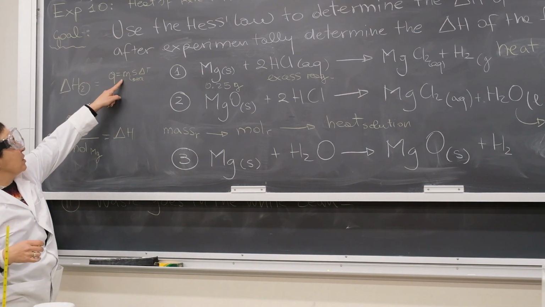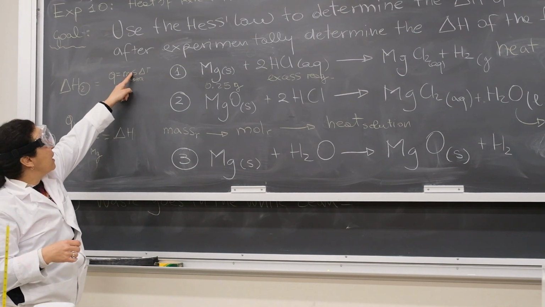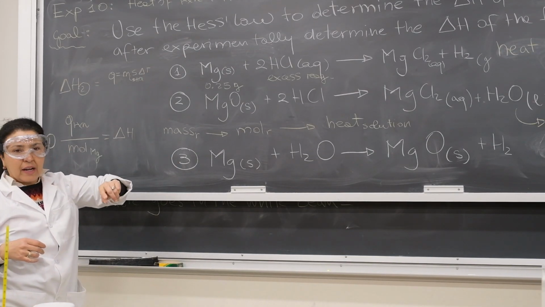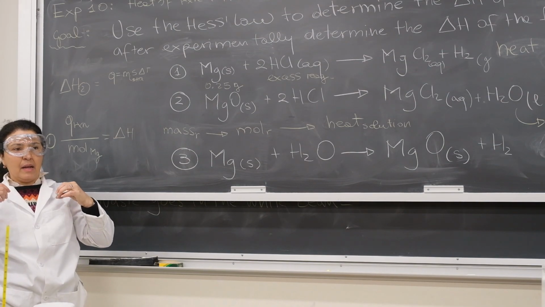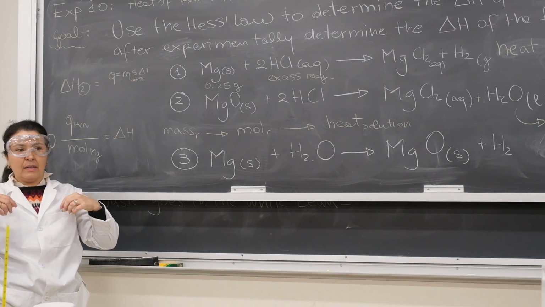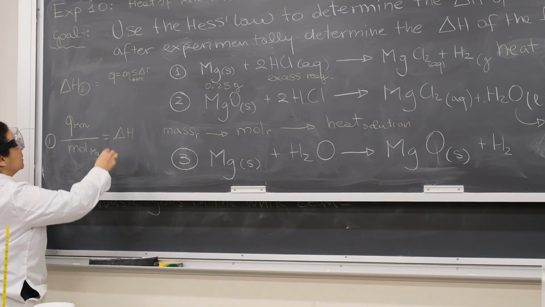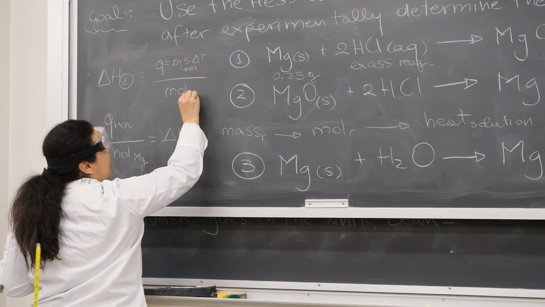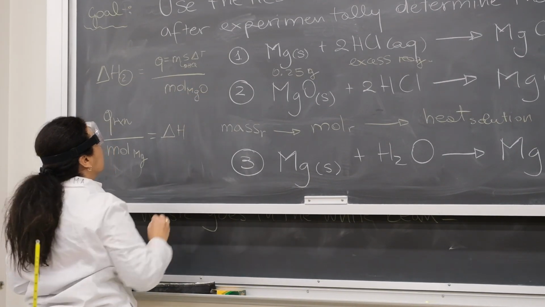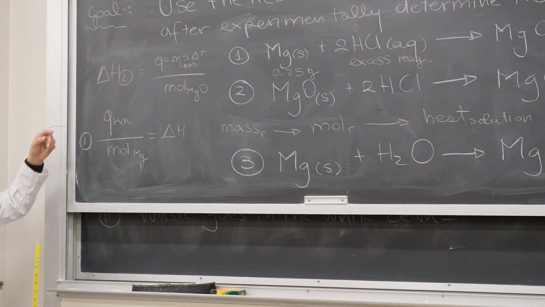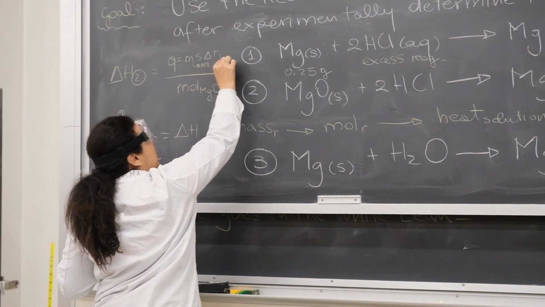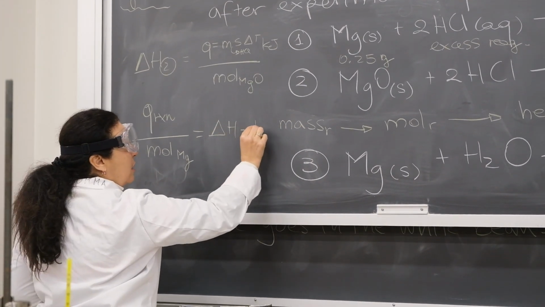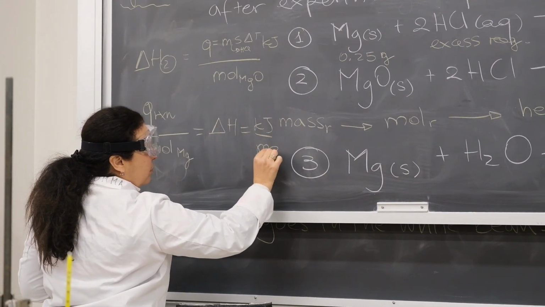So you're using the mass of the hydrochloric acid, the specific heat of the hydrochloric acid, the delta T of the hydrochloric acid before we add the reactant and after we add the reactant. And then we divide that by the moles of magnesium oxide. Okay, so we know the delta H. Remember that this has to be changed to kilojoules, because the delta H is measured in kilojoules per mole.